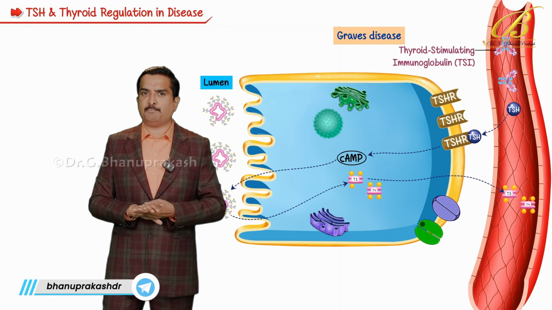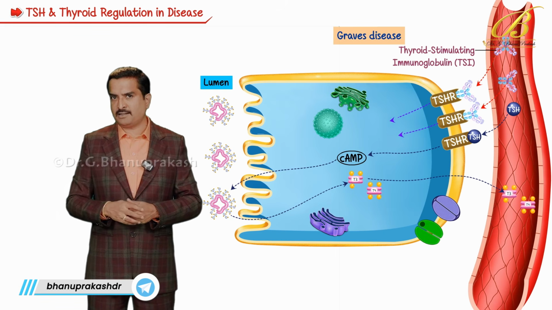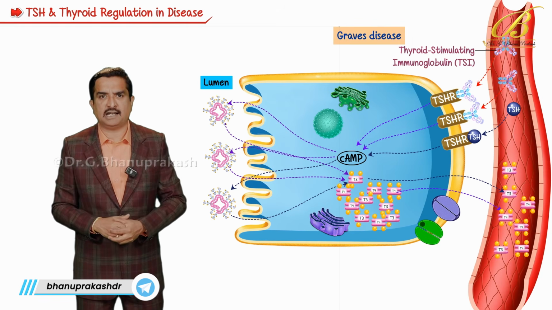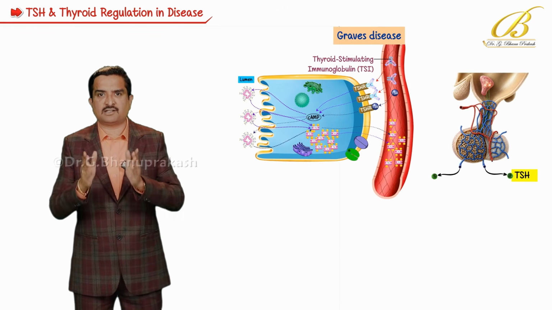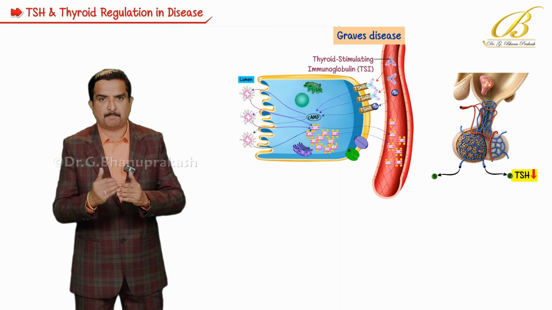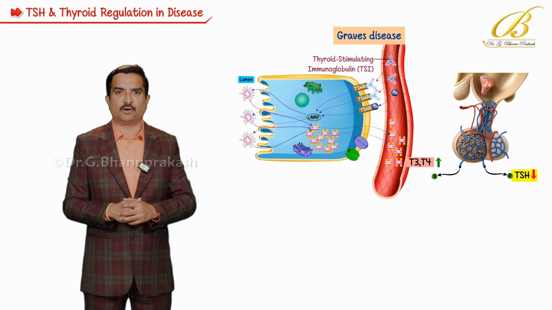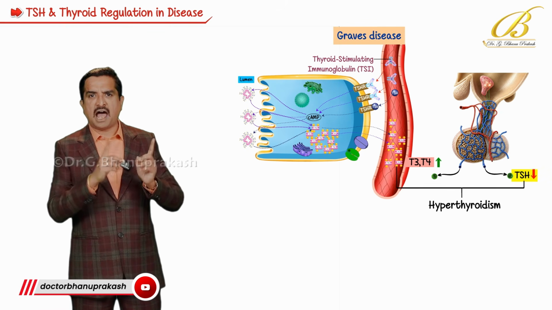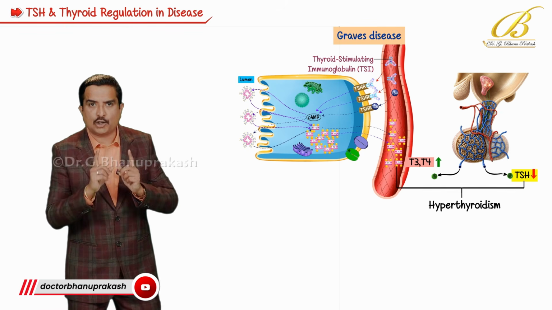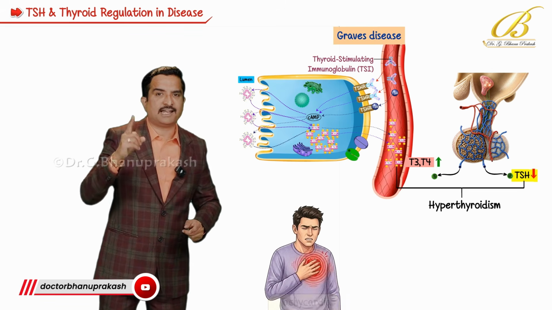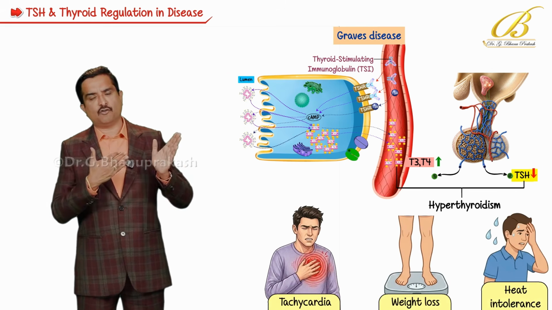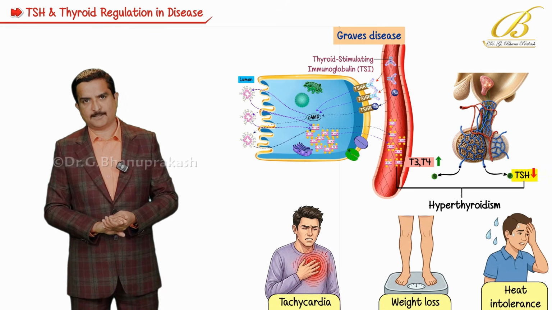These antibodies mimic TSH, acting like TSH and directly stimulating the thyroid gland, even though TSH levels from the pituitary are suppressed due to high T3 and T4. This results in hyperthyroidism. So there will be high T3, T4, and low TSH, with features like tachycardia, weight loss, heat intolerance, and more.